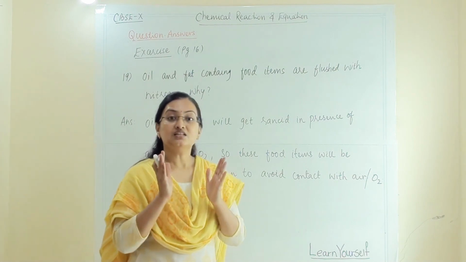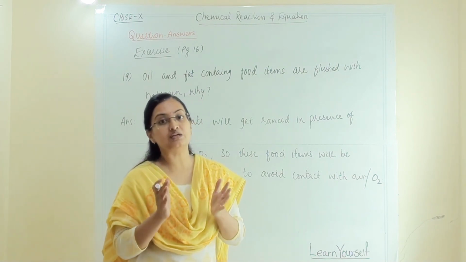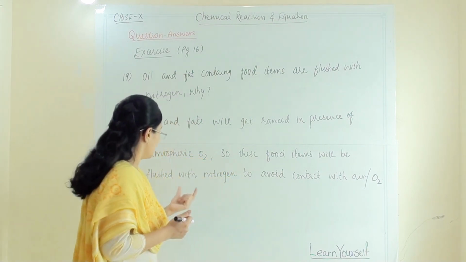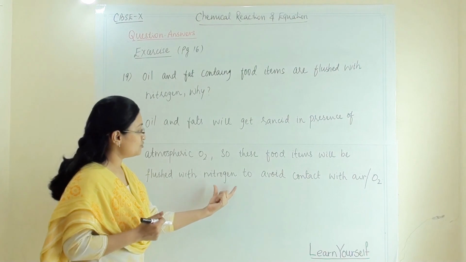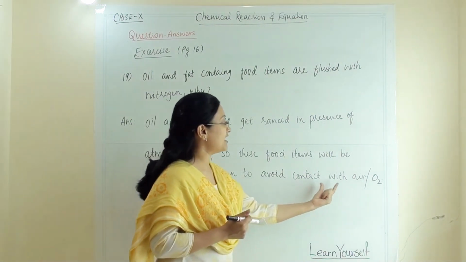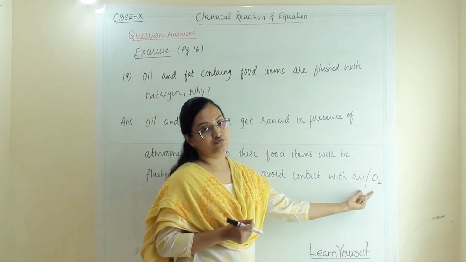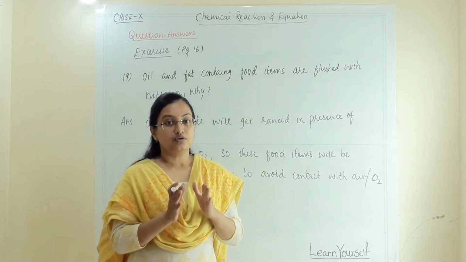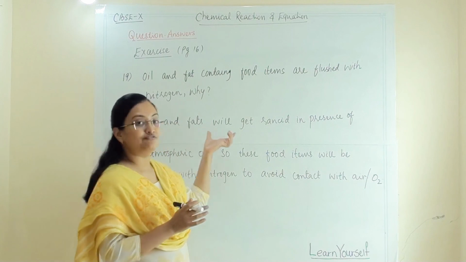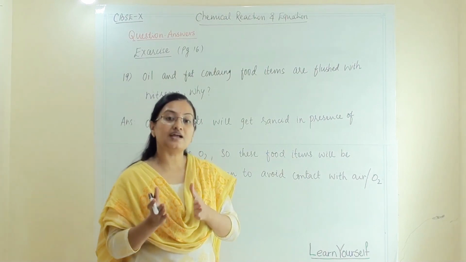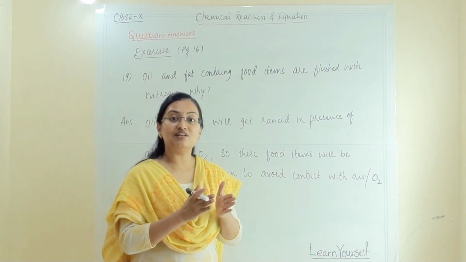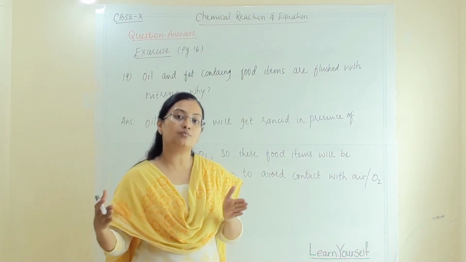That's why the chips packets or any namkeen packets are puffed when you buy them. So they are flushed with nitrogen to avoid contact with air or atmospheric oxygen. We need to avoid contact. The oil and fats need to avoid contact with air or atmospheric oxygen, and only then will they remain fresh for a longer period of time.